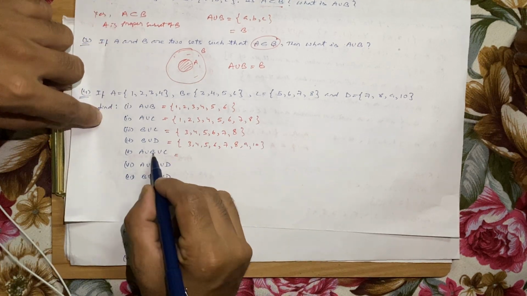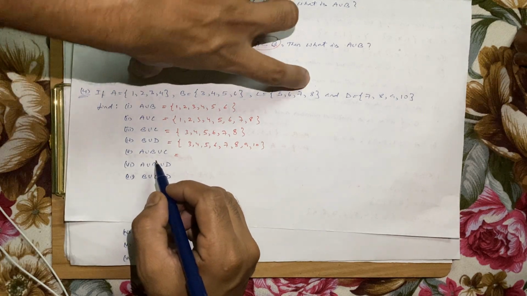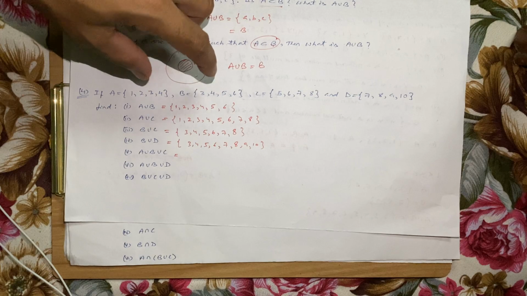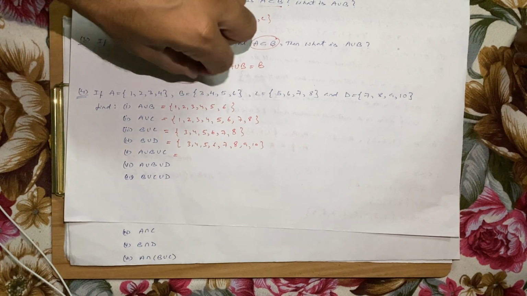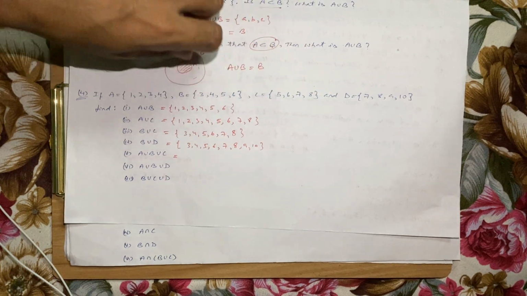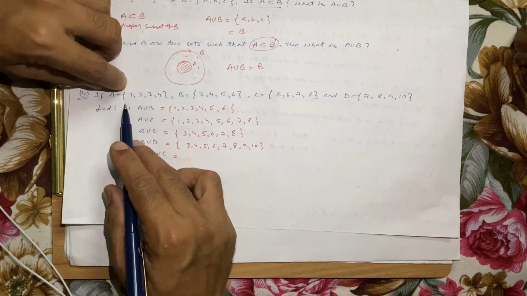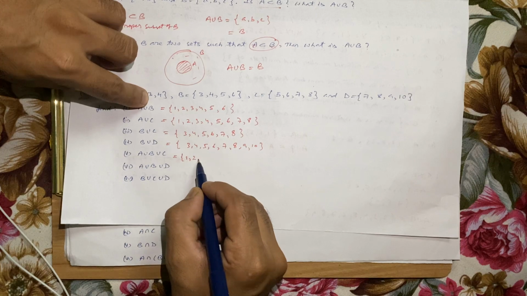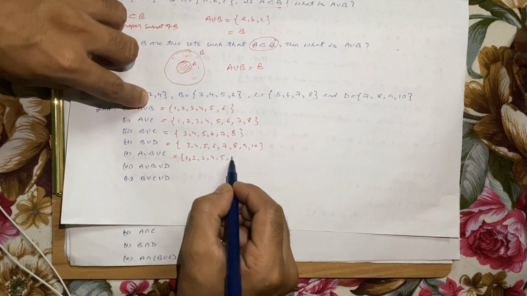Now this is A union B union C. I need to combine 3 sets. So let's first combine these two, and after combining these two, I'll get one set, and that set I'll combine with this. So let's do first A union B. Oh, we've already done this: 1, 2, 3, 4, 5, and 6.